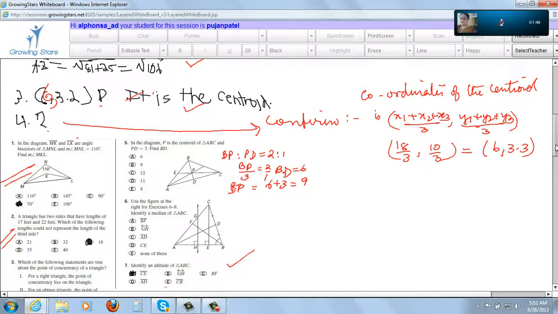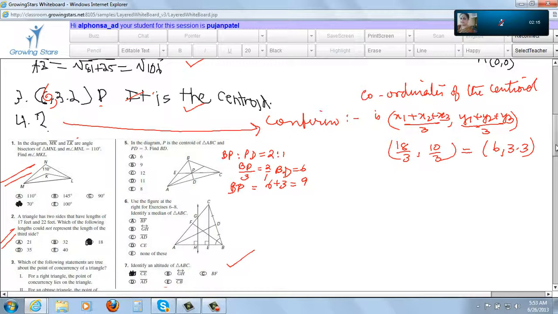A, B, and C. Let me check the figure. A is 0, 0, B is 6, 8, and C is 12, 2. Okay, so let me put A here. Can you see where I'm writing? C is 12, 2, and B is 6, 8.